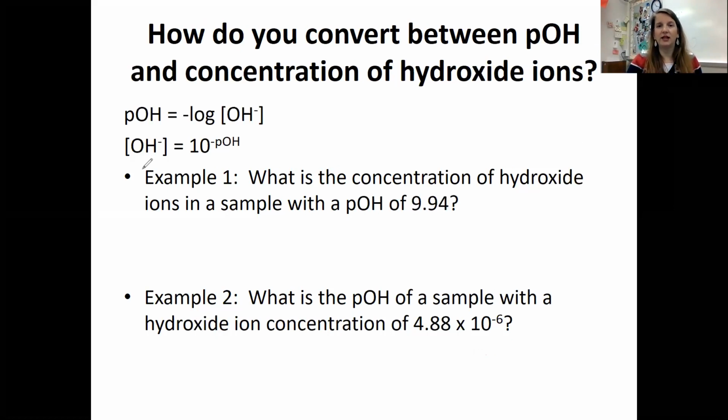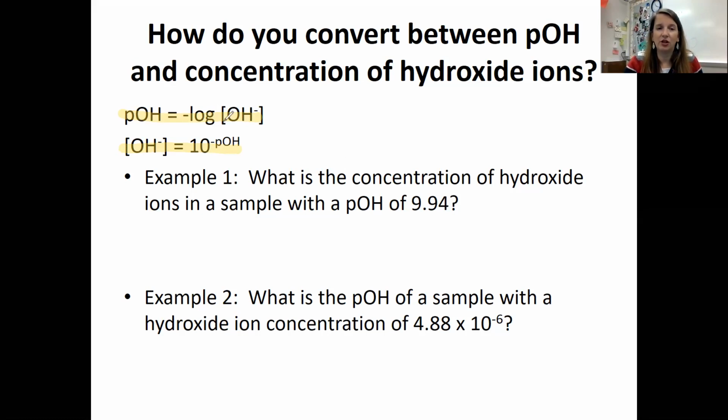So when you look at pOH and the hydroxide ion concentration, it's going to be the same formulas. It's just that here we've substituted OH's for the H's. So we want to make sure that if we take the negative log of some kind of concentration, that pH or pOH scale has to match.